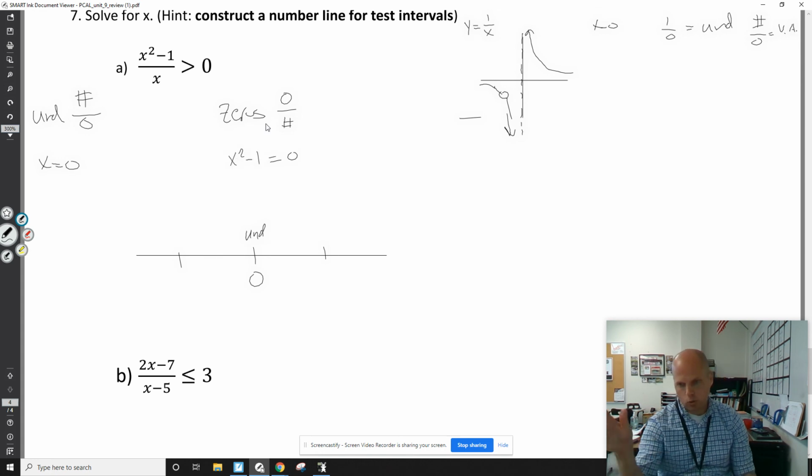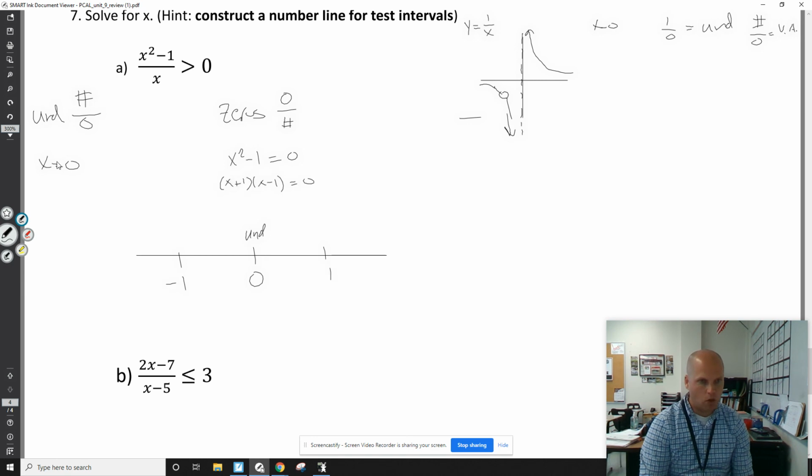Now you can add 1 and square root and you get plus or minus 1, or you could factor this, x plus 1, x minus 1. Negative 1 and 1. Multiplicities of these are all 1. Like this occurs once, this occurs once, this occurs once. Keep track of that.